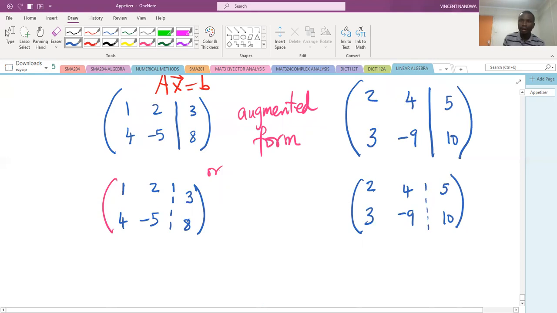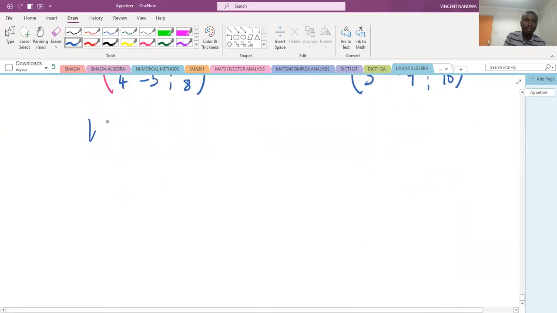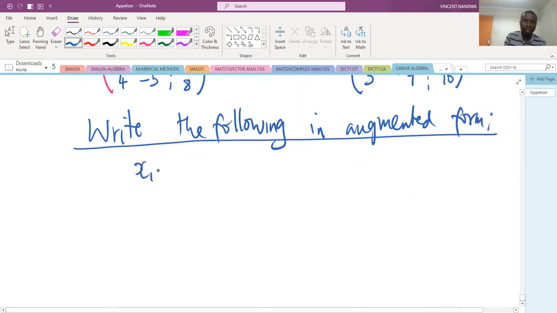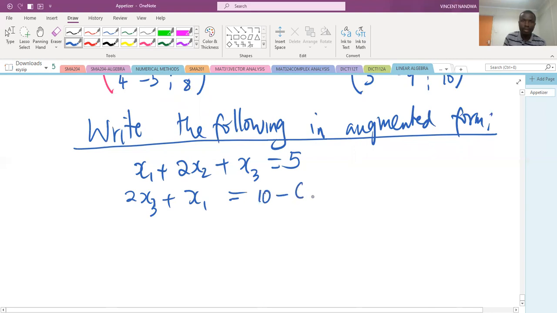So lastly, as an example, write the following in augmented form. Like I have x1 plus 2x2 plus x3 equals 5, and 2x3 plus x1 equals 10 minus 6x2.